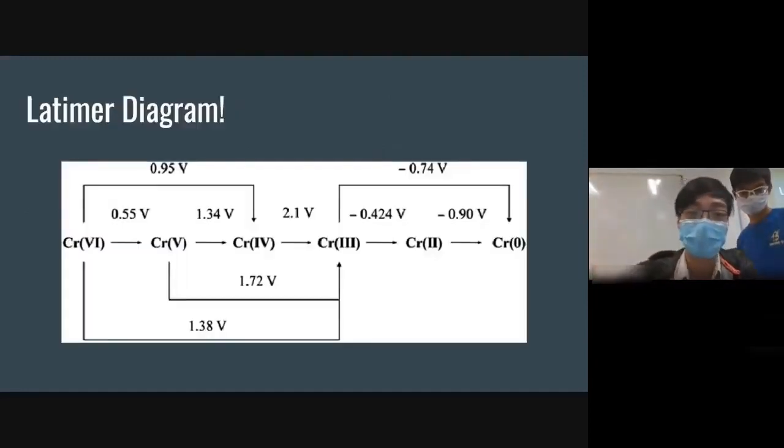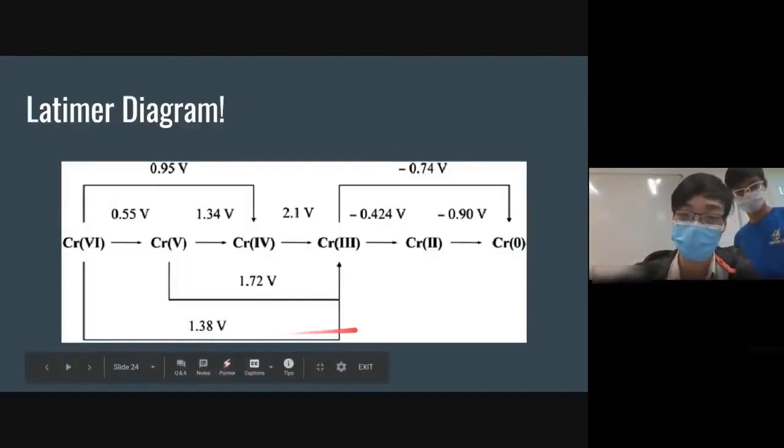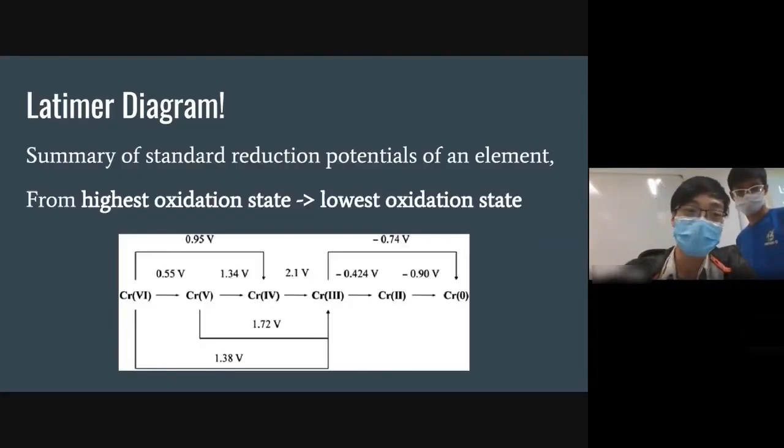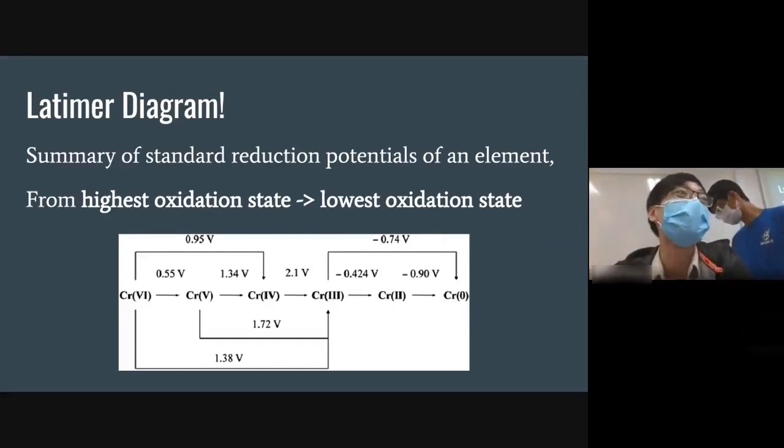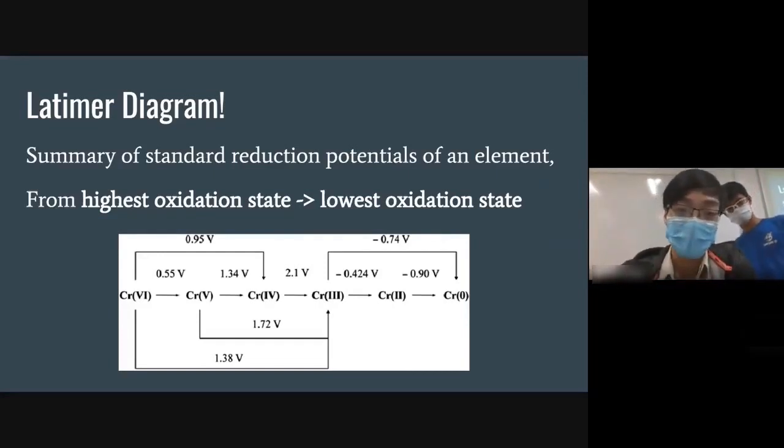So this is the Latimer diagram right over here. It looks a bit complicated, there's a lot of arrows everywhere, but actually it's one of the most simple diagrams out there. Basically, a Latimer diagram is just a summary of all the standard reduction potentials of an element. In this case, this is a Latimer diagram for chromium. It goes from the highest oxidation state of chromium to the lowest, so from chromium 6 to chromium 0.